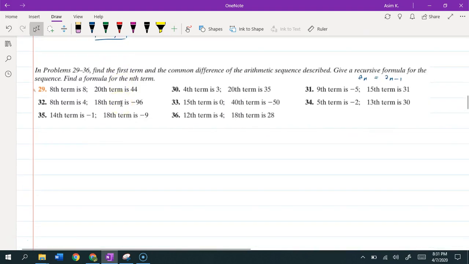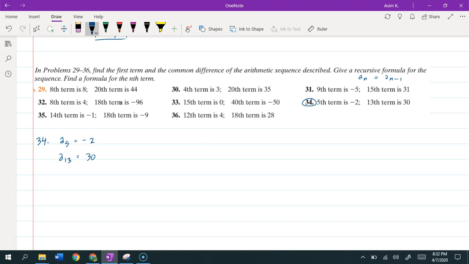So what we're going to do is take, inshallah, one of these questions, and I'll take number 34. All right, I'll take number 34, and we'll go ahead and give it a shot. So here's what I have. In number 34, I've been given that the fifth term is -2. Very good. And I've been given that the 13th term is 30.